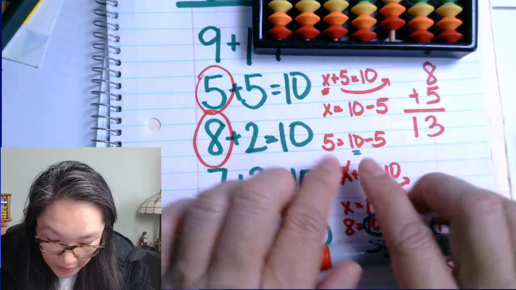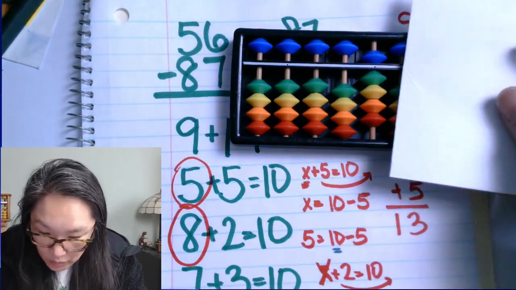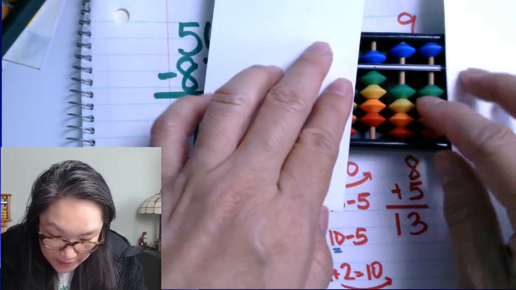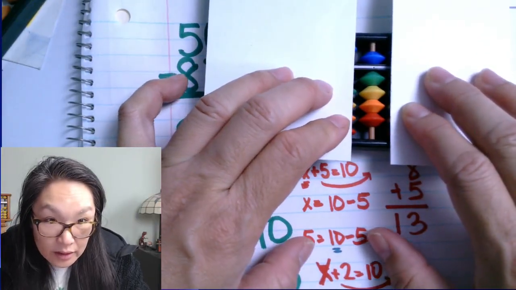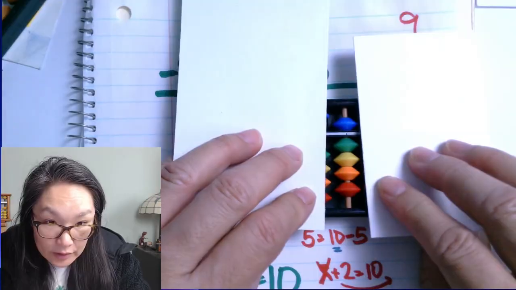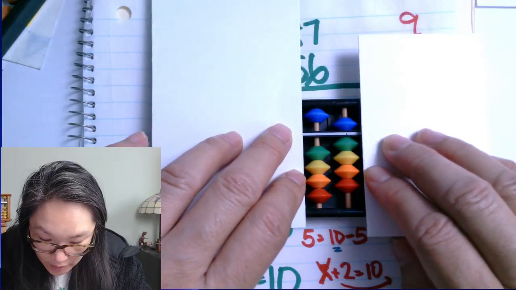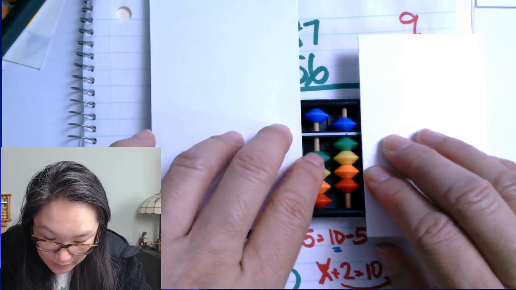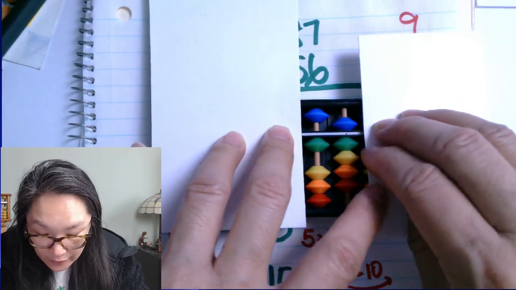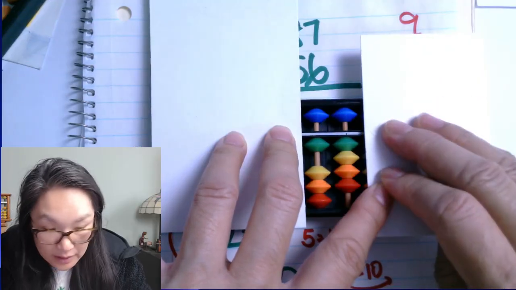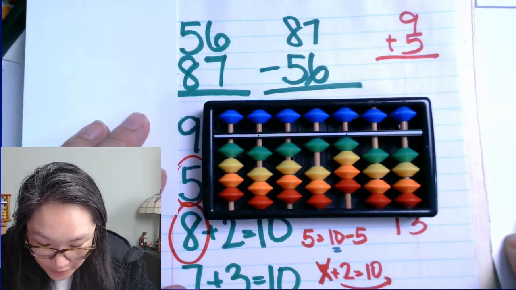What we want to do is plus the 5, but there's not enough. So I need to plus the 10. And then here it says minus the 5, so I'm going to take away the 5. That's what I do. So then my answer is 14.